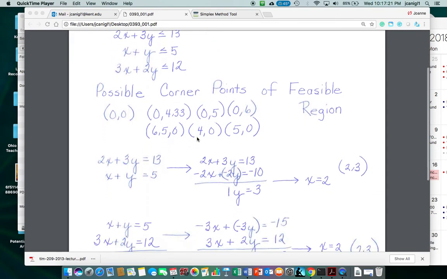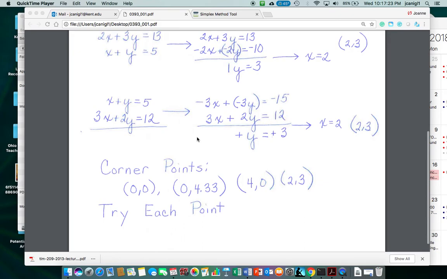So let's now go down and take a look at our corner points. If we try each and every point, we go back to our optimization function, or our objective function. People call it different things.